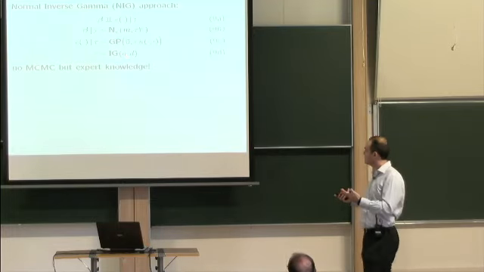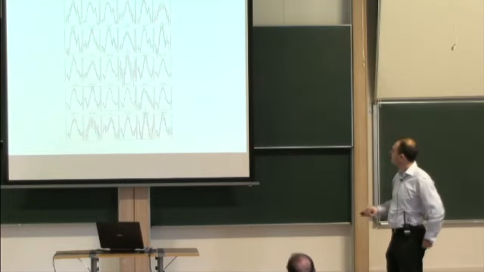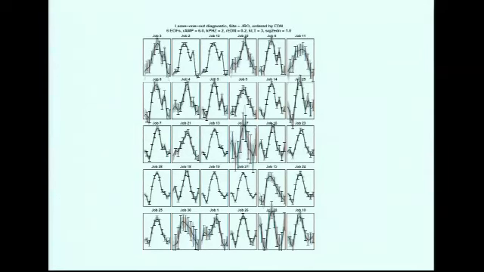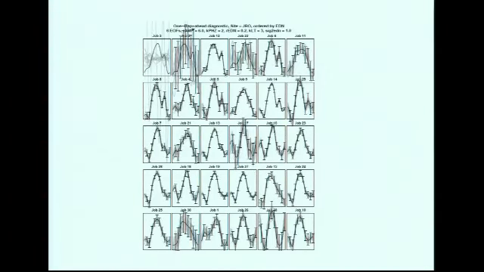So anyways, if you do that, I'm showing you the picture here, you can get some good emulator, and when you compare with the actual runs of the model, when you leave one run out and you try to emulate that particular run, it matches quite well. Or if you learn one step ahead, it is learning with very little information. It's very uncertain, but then it's better along the way. You get better results. So that's another type.